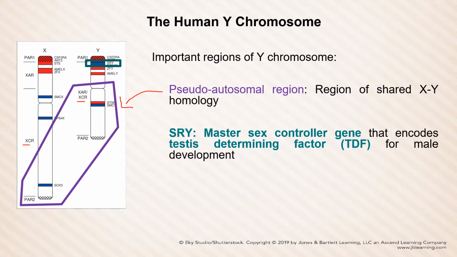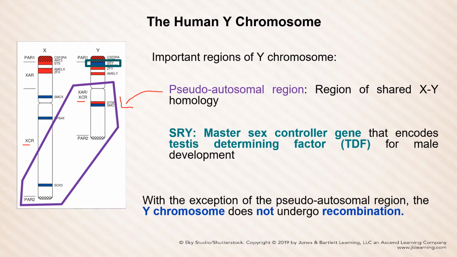We also have the gene SRY, a master sex controller gene, a transcription factor that encodes the testis determining factor, or TDF, which is very important for male development. And remember, with the exception of the pseudo-autosomal region, the Y chromosome doesn't undergo recombination.